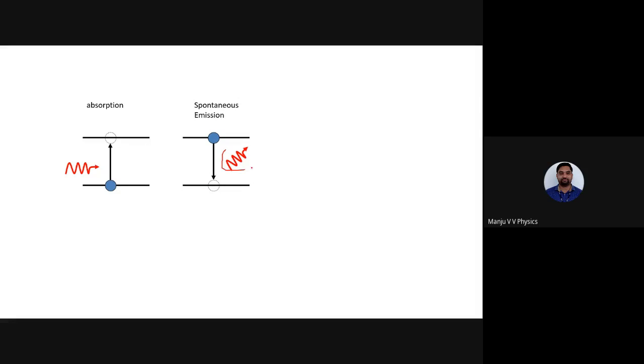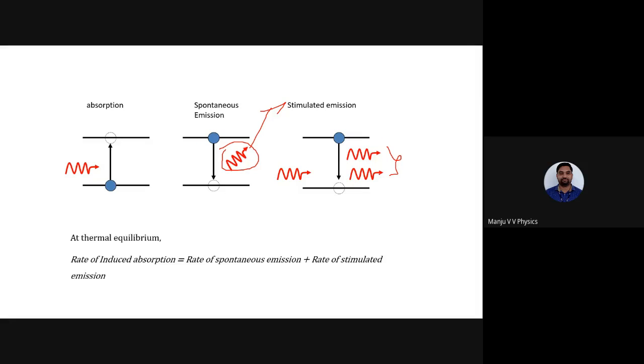See here, it is going in a different direction, not a proper direction, so it is not monochromatic and not coherent. Last one, stimulated emission: you give one photon but there are two photons. These two are coherent and monochromatic. This is a laser beam. Rate of induced absorption, according to thermal equilibrium and conservation of energy, equals the rate of spontaneous emission plus stimulated emission.